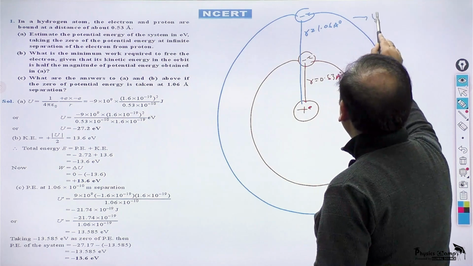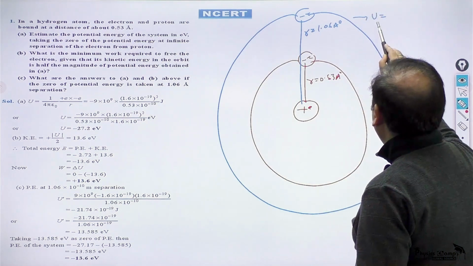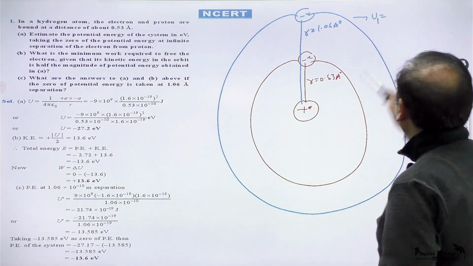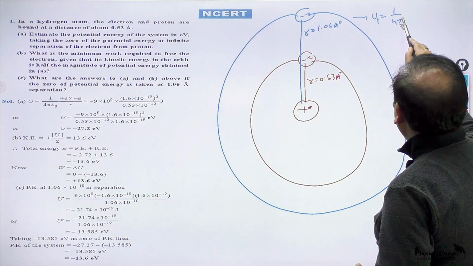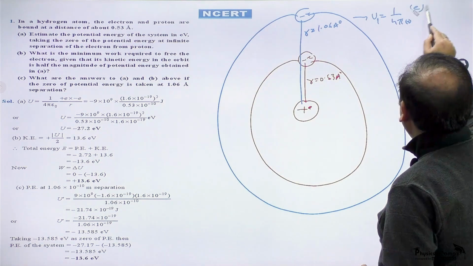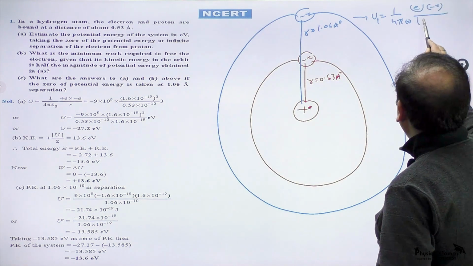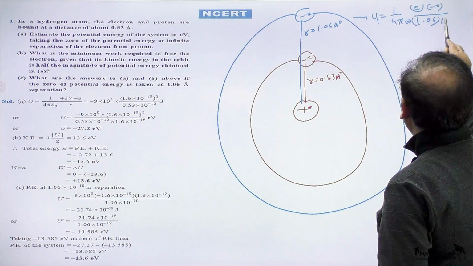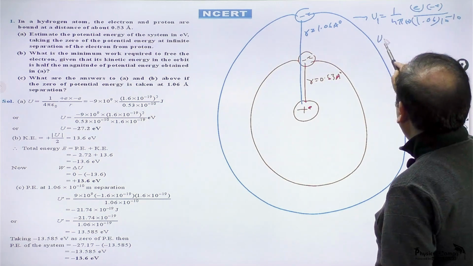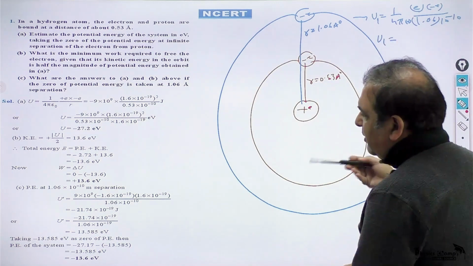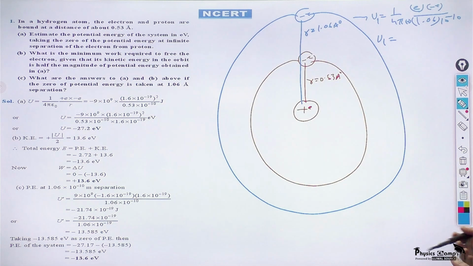It means the potential energy at this moment actually would be 1 by 4 pi epsilon naught, e into minus e by 1.06 into 10 to the power minus 10, and the potential energy at this moment will be just half of it.